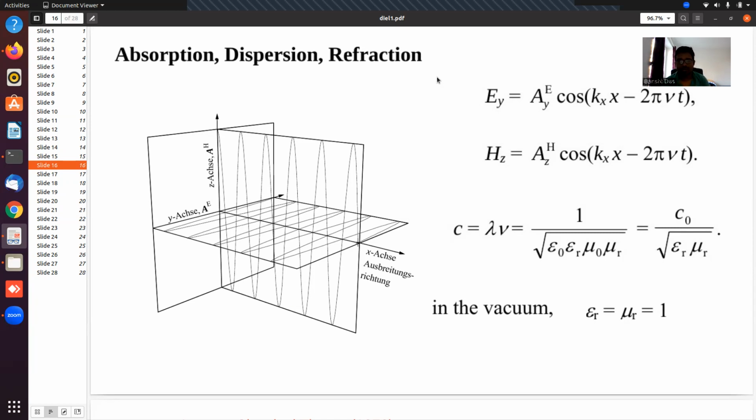We want to know that, because in many experiments like spectroscopy, dielectric broadband spectroscopy and terahertz spectroscopy, we send an electromagnetic wave which interacts with the material.